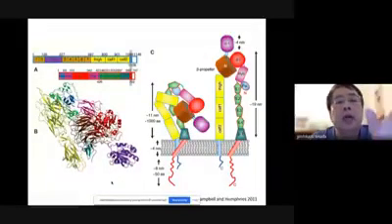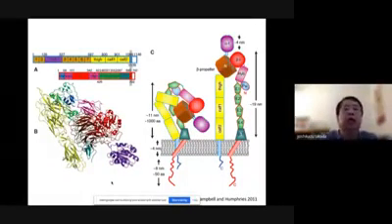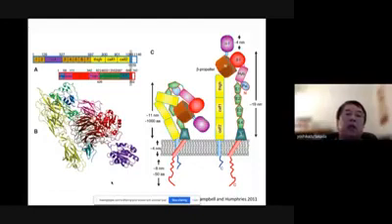So the integrin structure was solved. I forgot to mention, I cloned the integrin alpha 2, alpha 3, alpha 4 sequences.